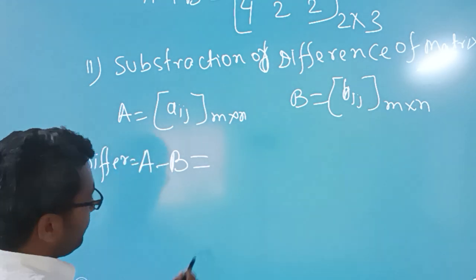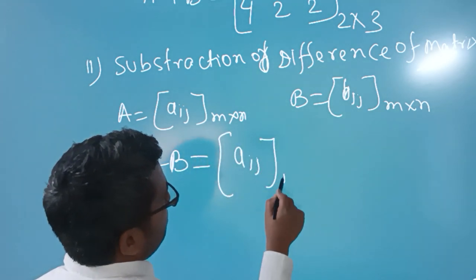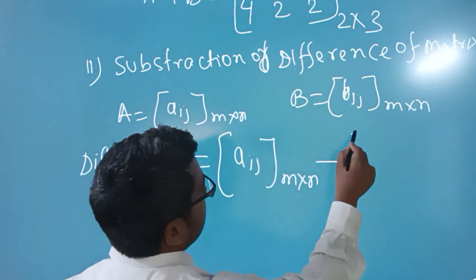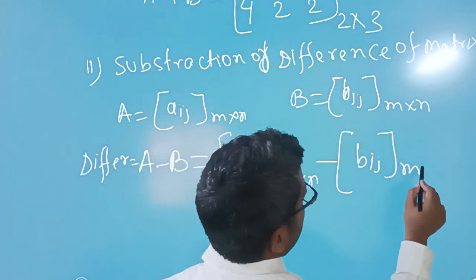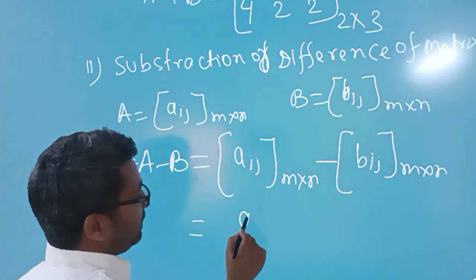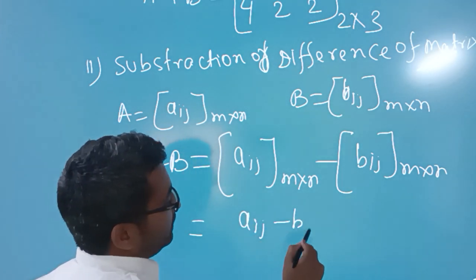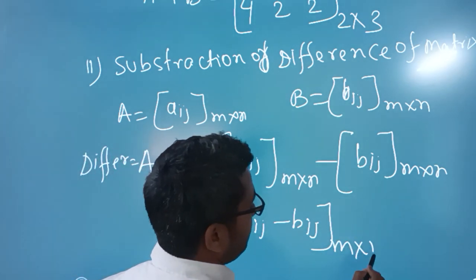Difference of matrices means Aij M cross N minus Bij M cross N, so we can simply write it in the form Aij minus Bij, M cross N.